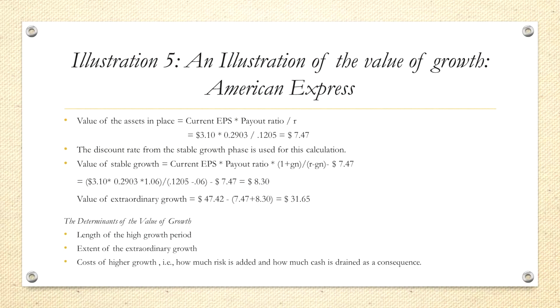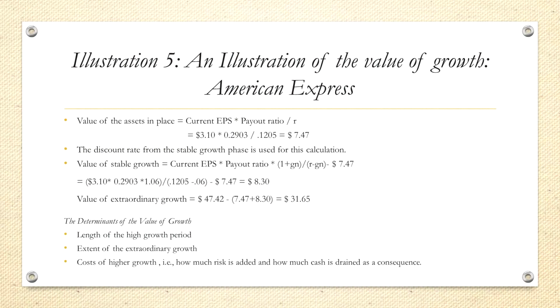And the value of the stable growth that we put in this calculation is 6%, right? And we can do another calculation to see what is the value of the company based on this 6% growth rate.